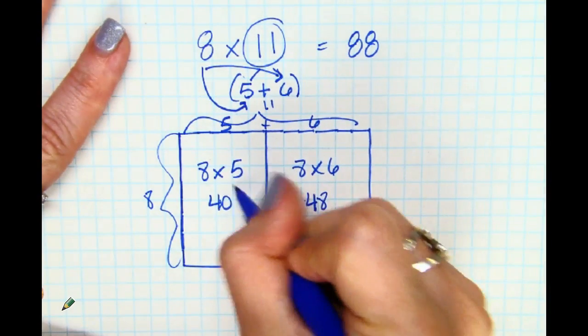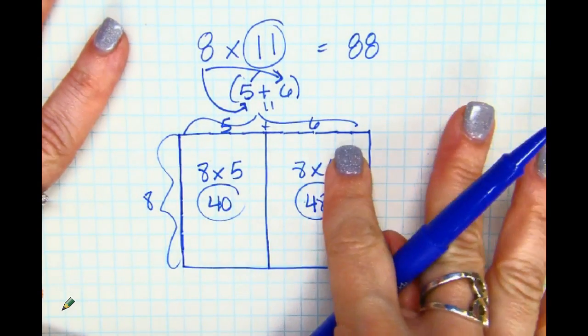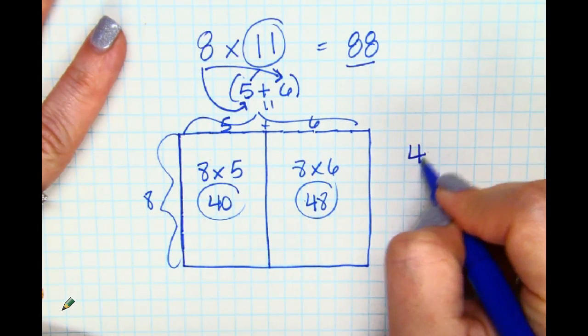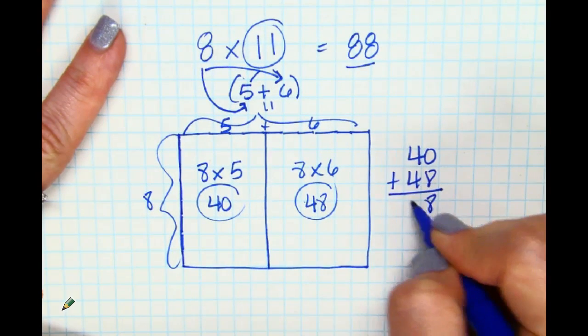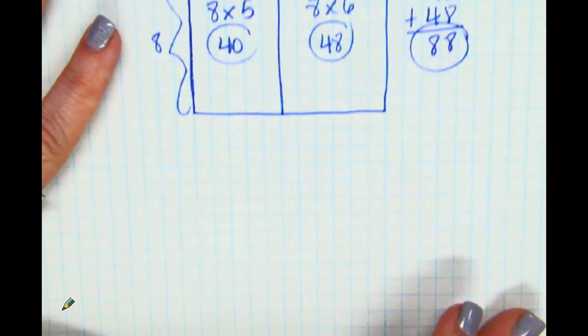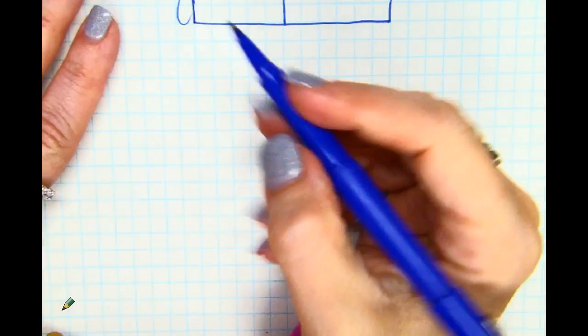So we're saying we can add these two small areas, this area plus this area, and it should equal 88. Let's find out. We have 40 plus 48, and what do you know? It does equal 88. Now, could we have split this up in a different way? Absolutely. Let's try it, and then we'll work some on our own in class.